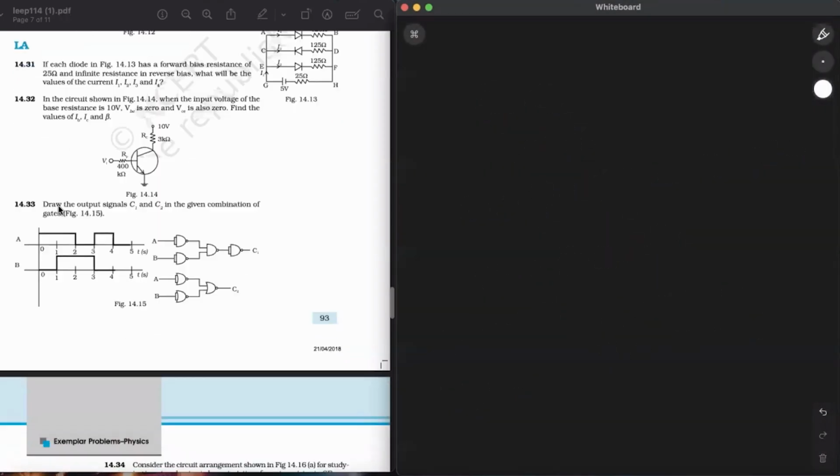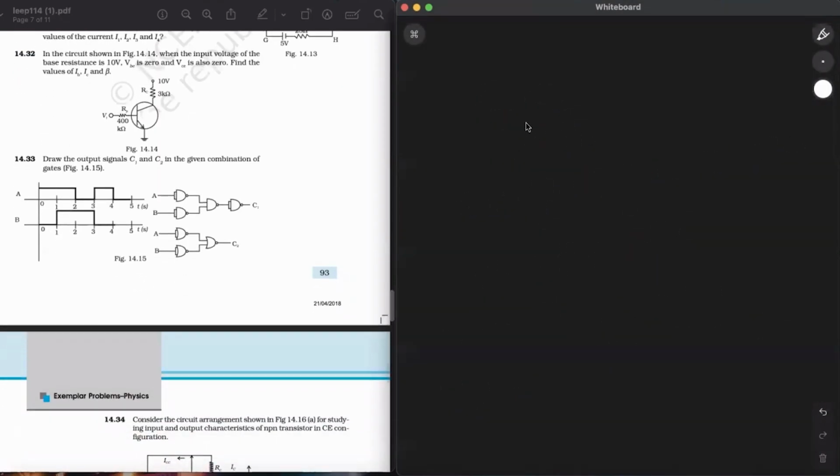Now, question number 32. In the circuit shown in figure, when the input voltage of the base resistance is 10 volt, VBE is 0 and VCE is also 0. So now find the value of IB, IC and beta. Okay. So first of all, I'll draw the circuit.